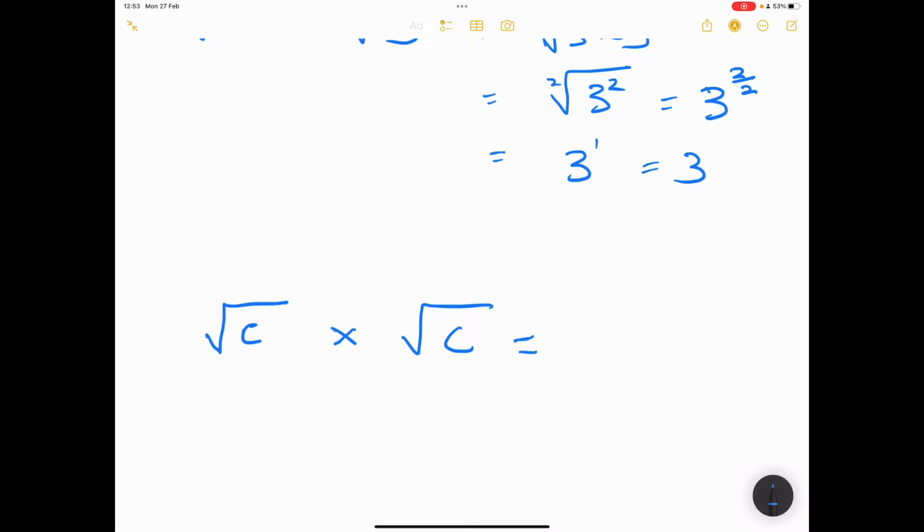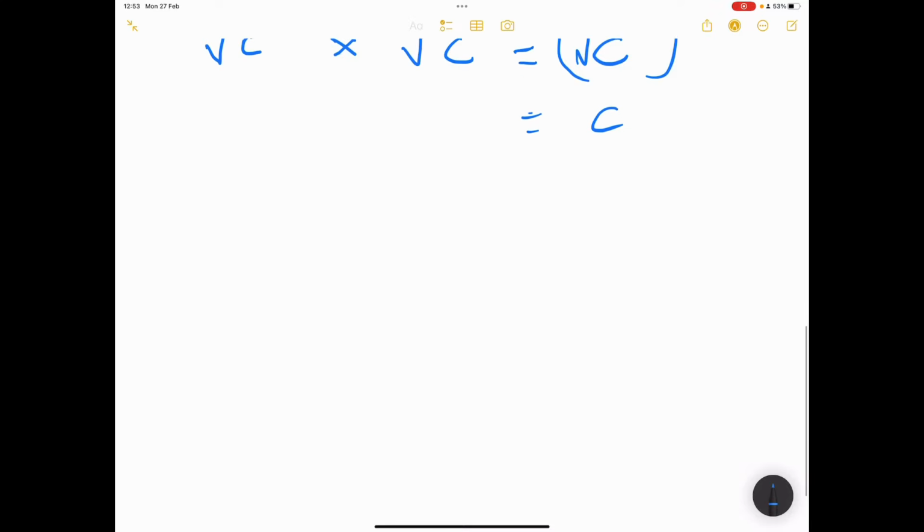What do I end up with? I end up with c. So the square roots kind of cancel. You can also look at this as the square root of c squared, and the square root cancels out with the surd, and you are just left with a c. So please keep that in mind.